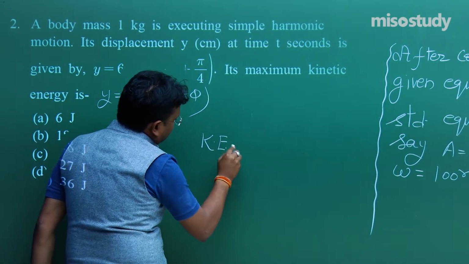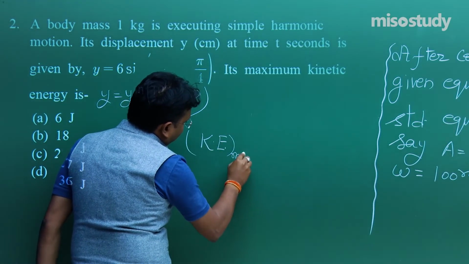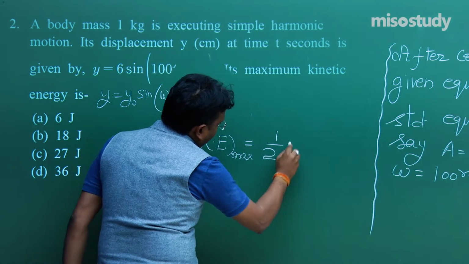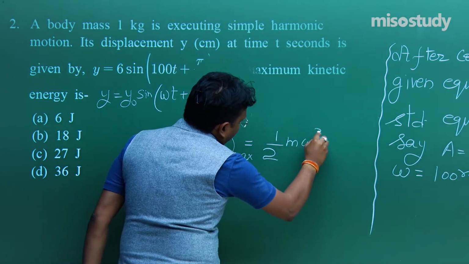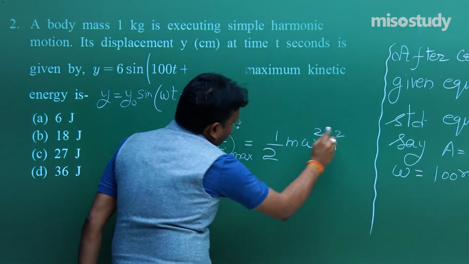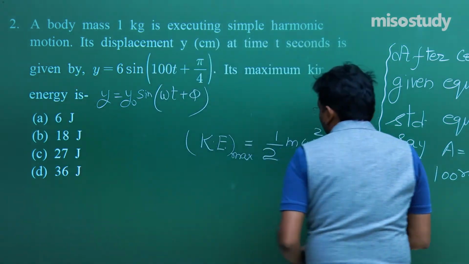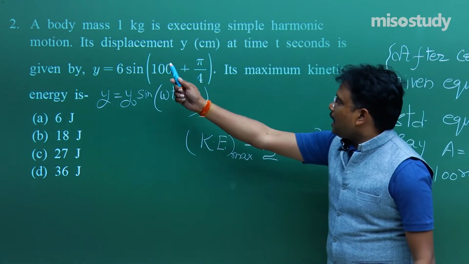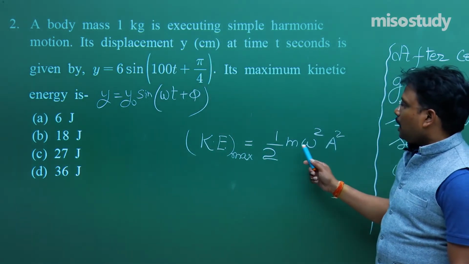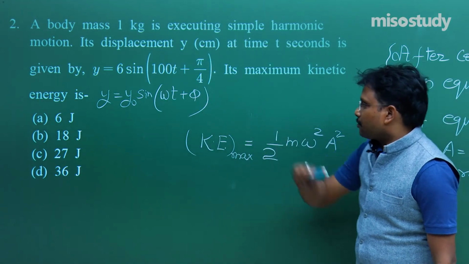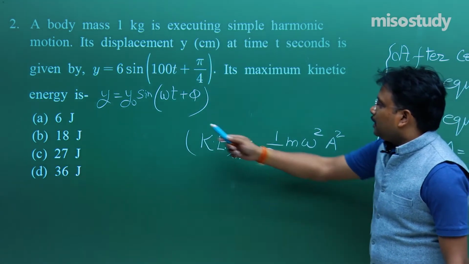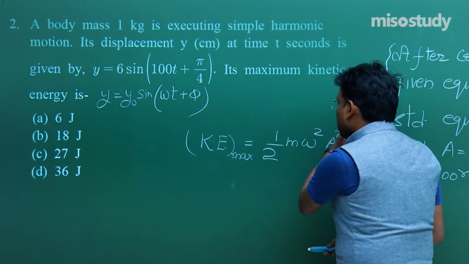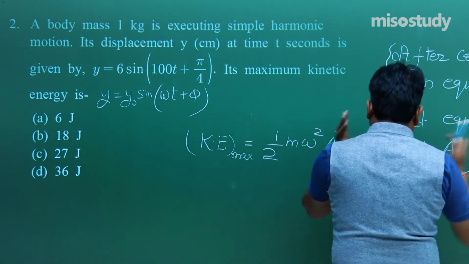Kinetic energy max is equal to half m omega square a square. Okay. Now, I am going out of your view. Here mass m is given as 1 kg, omega we just concluded is 100, and a is 6. So, let us put the values using this formula.